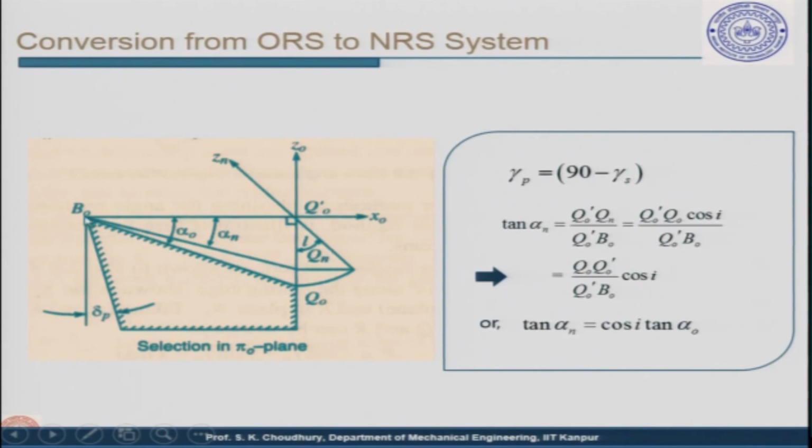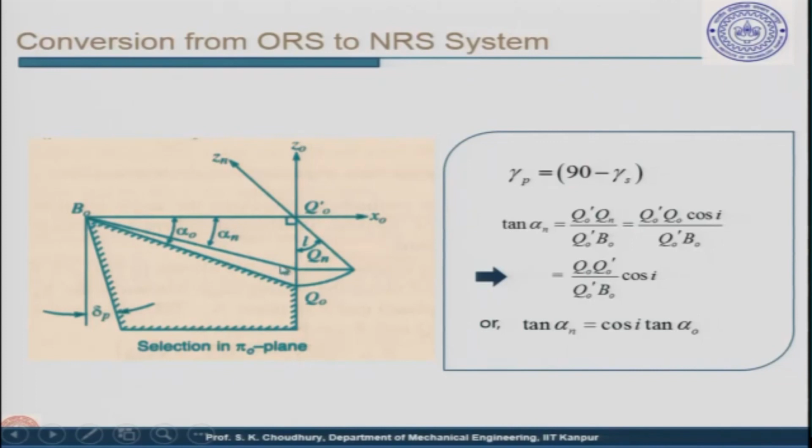Then these points we can project like this. Suppose this point, we are projecting on the Zn axis like that, and then we are coming back to the Z0 axis here. Then this point, if we connect with the edge of the tool, the tool now given can be assumed safely as the sectional view of the normal rake system.